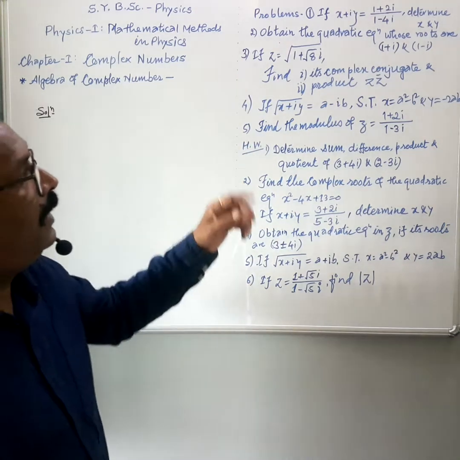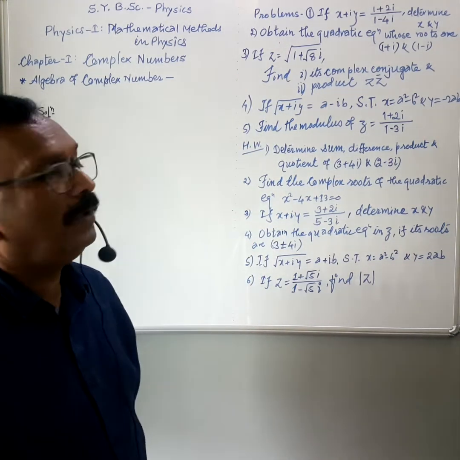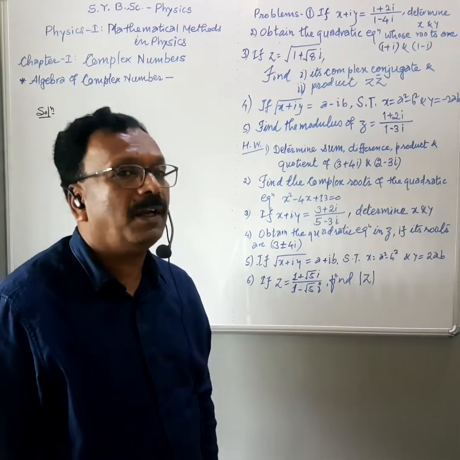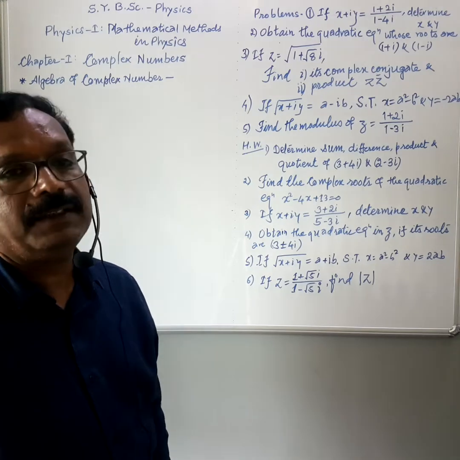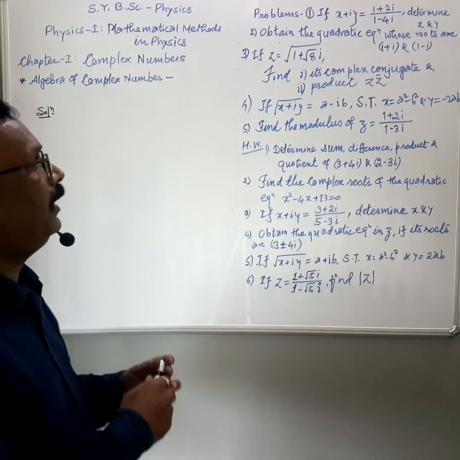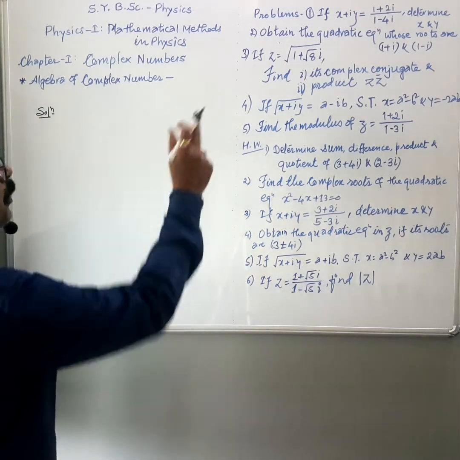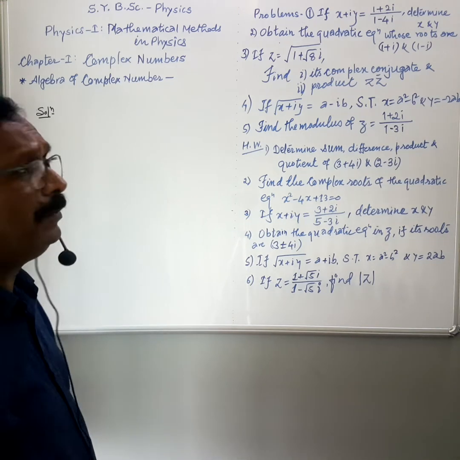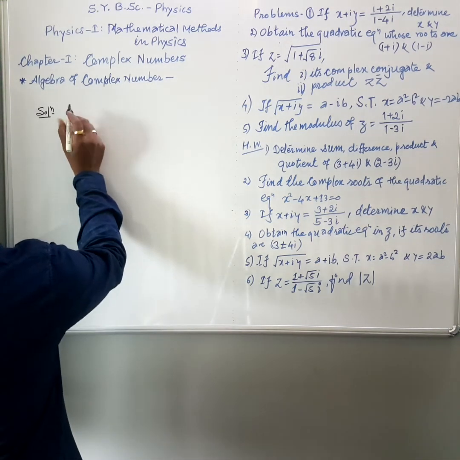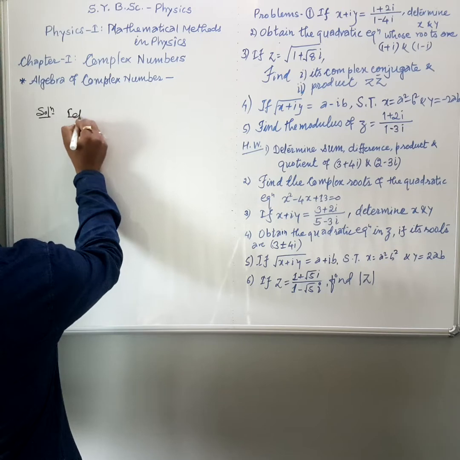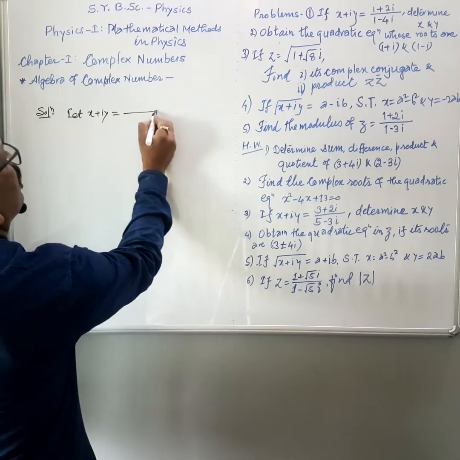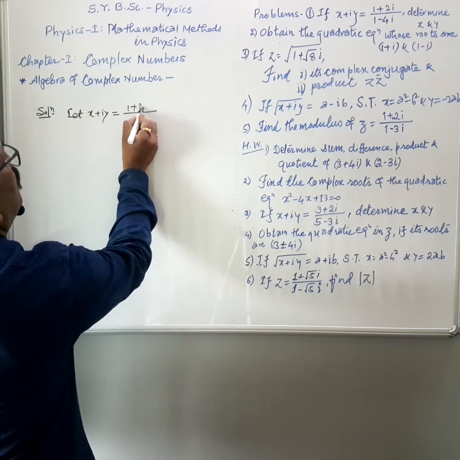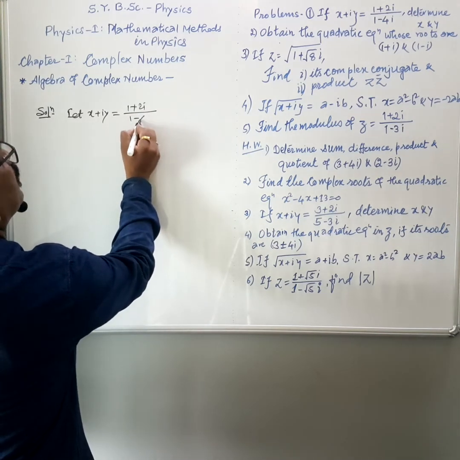If x plus iy is equal to (1 plus 2i) upon (1 minus 4i), find the values of x and y, or determine x and y. So, the solution for this first problem: let x plus iy be equal to (1 plus 2i) upon (1 minus 4i).